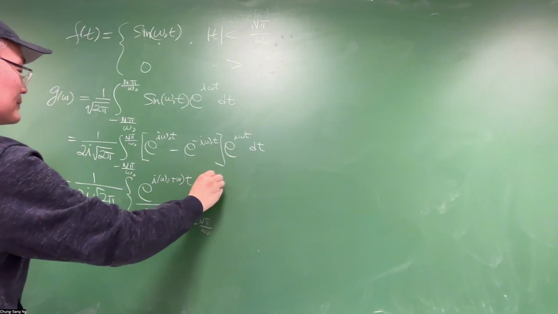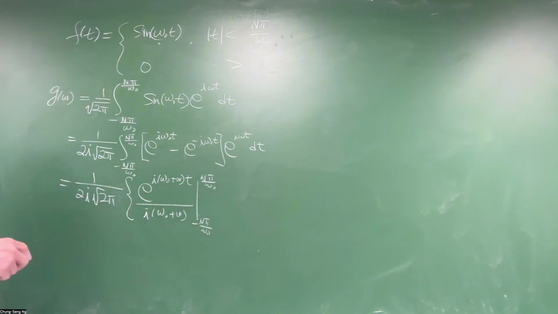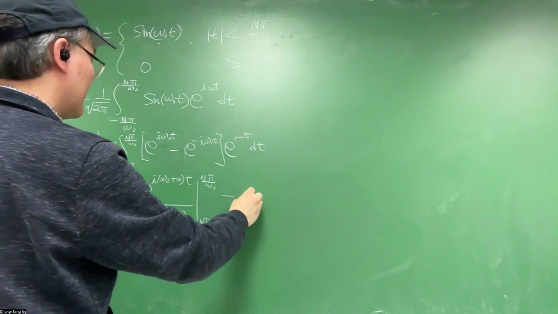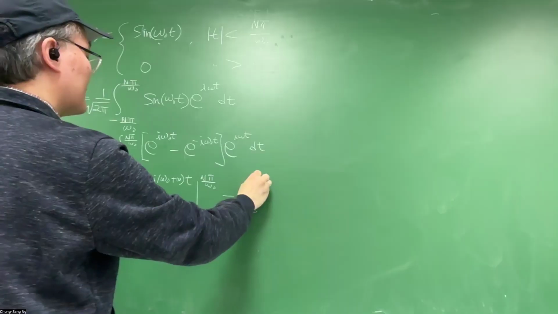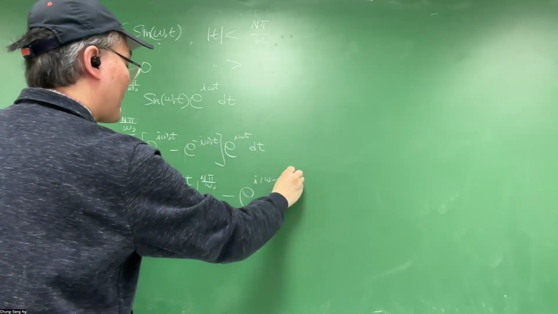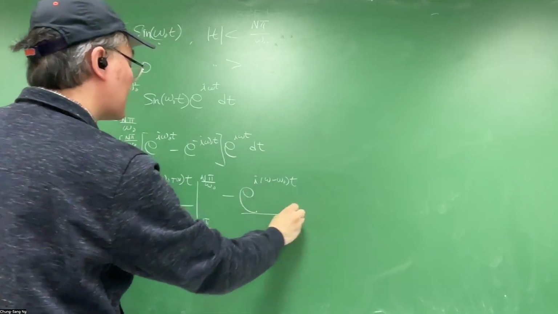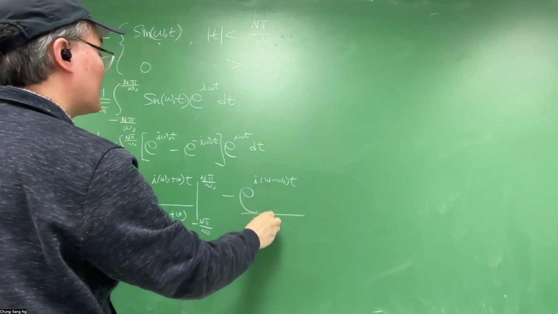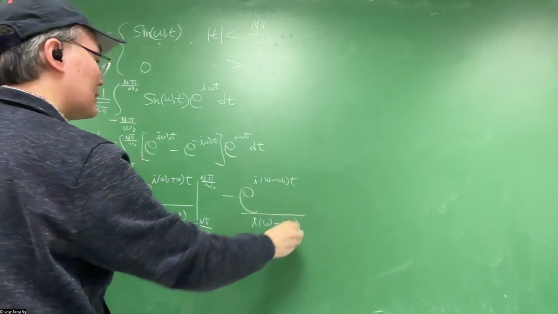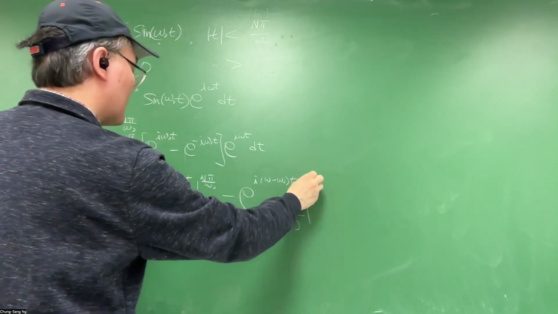Actually, the second term is also the same with a minus, except that now we have omega plus omega sub 0, and then divided by i, and evaluate at the same two limits.